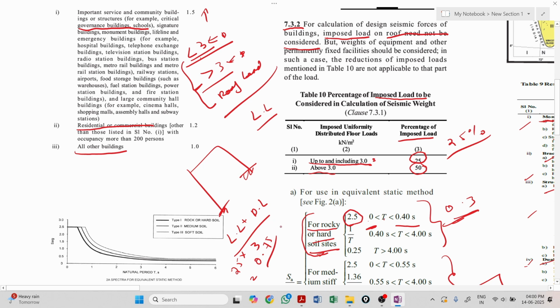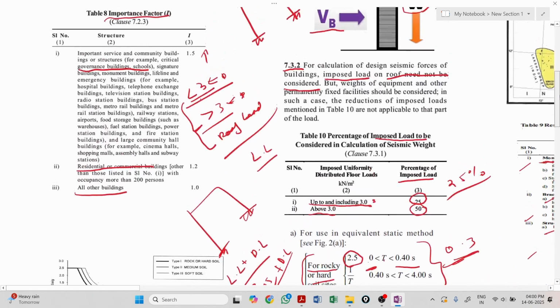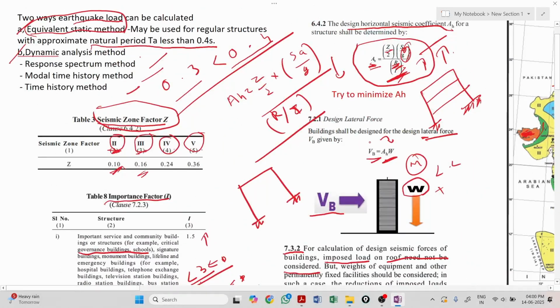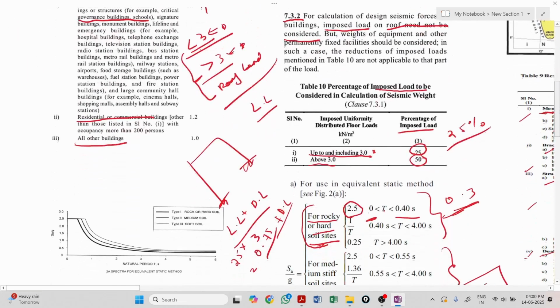Then plus dead load and superimposed load, all those things. Something like that you need to do, and we find VB. So VB depends upon weight and AH.